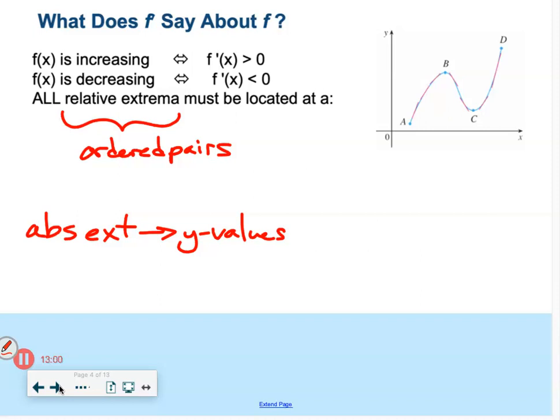So absolute extrema are always y values. Relative extrema are always ordered pairs, because both the x and the y can be different for every relative max and min, so we traditionally write them as ordered pairs. Once in a while, the College Board will say, just give us the x values, but usually they're ordered pairs.